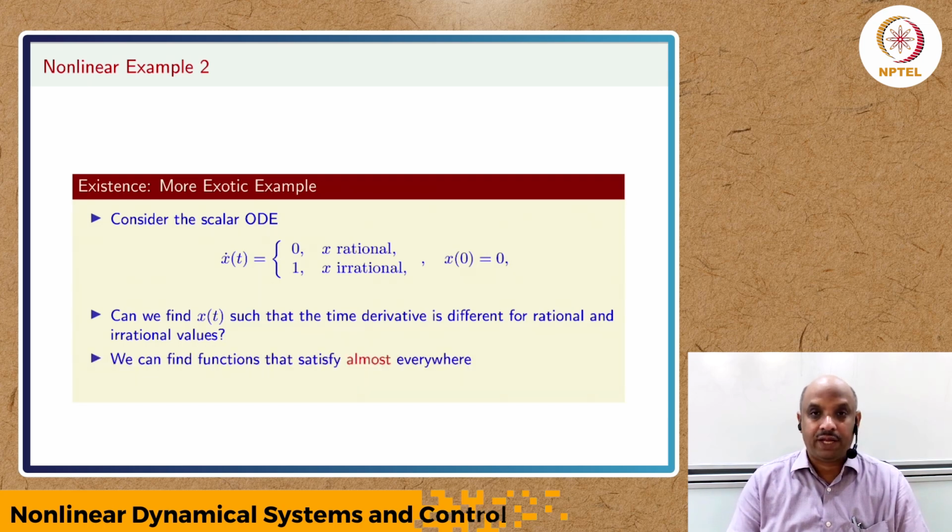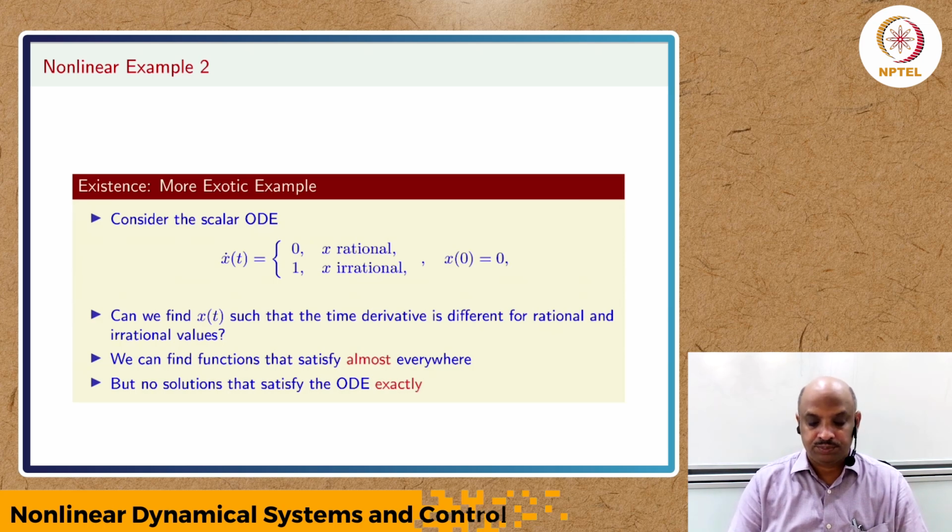And we can find functions that may have this particular behavior almost everywhere, okay, but not exactly everywhere. So we can actually sit down and try and see, no matter what we do, we can never achieve a function that has this nature. X dot is equal to 0 for rational numbers and 1 for irrational numbers.